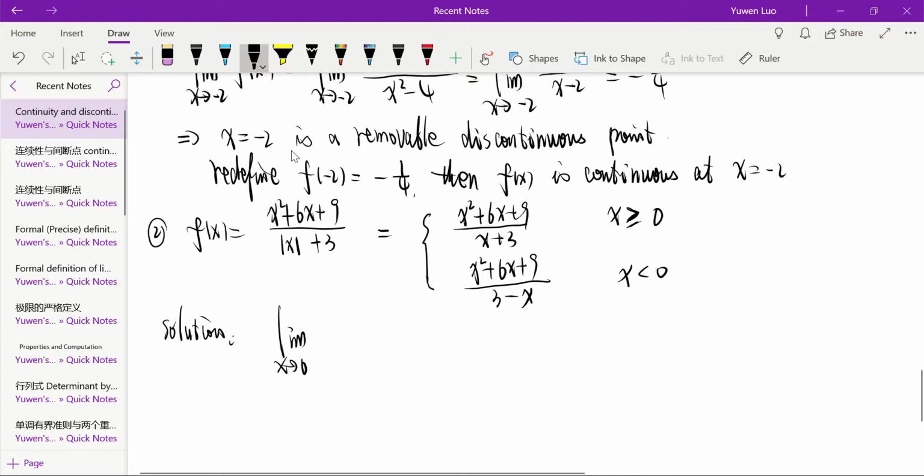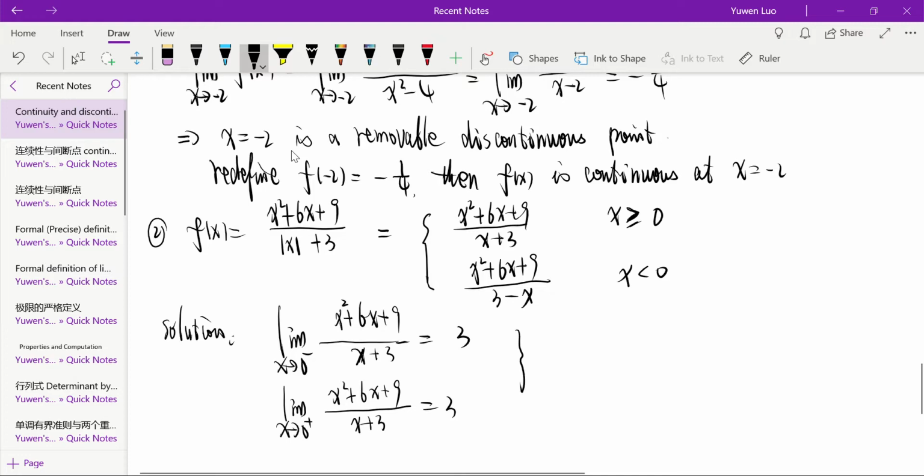As x tends to 0, the left limit, that's x plus 3, is 3. And from the right, that equals 3.